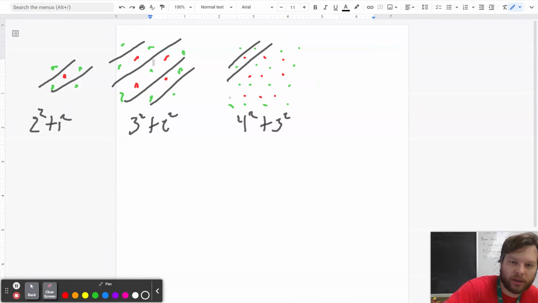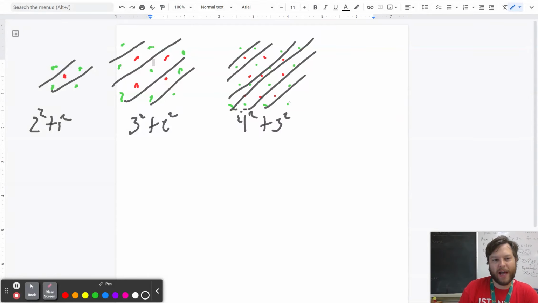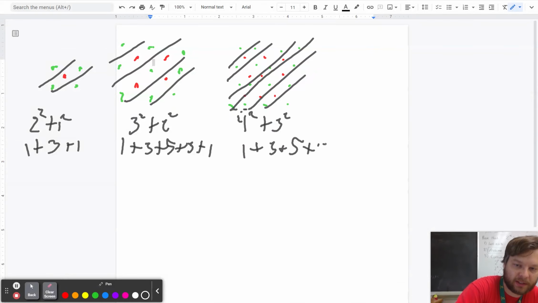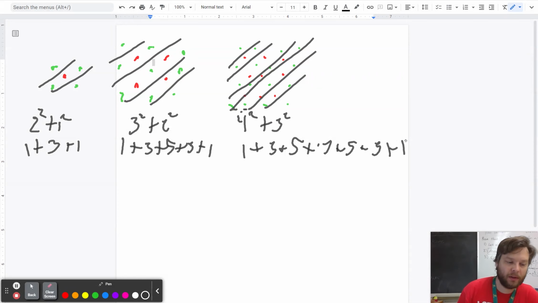And what you should notice is that along the diagonals, you're adding up odd numbers. So this 2 squared plus 1 squared has to be equal to 1 plus 3 plus 1. Here it's 1 plus 3 plus 5 plus 3 plus 1, 1 plus 3 plus 5 plus 7 plus 5 plus 3 plus 1. Okay.